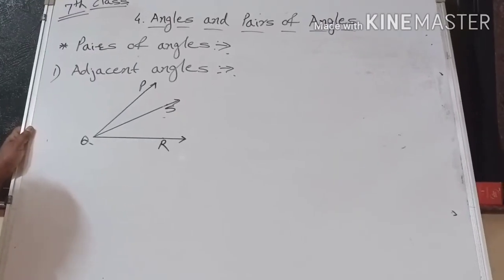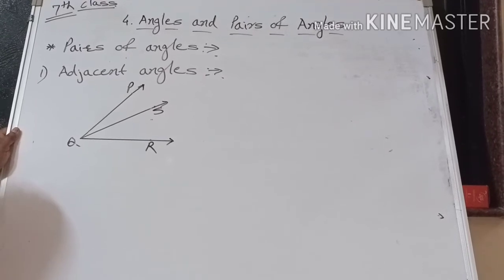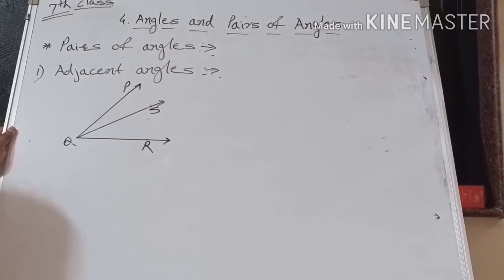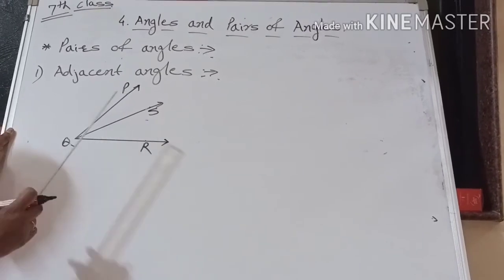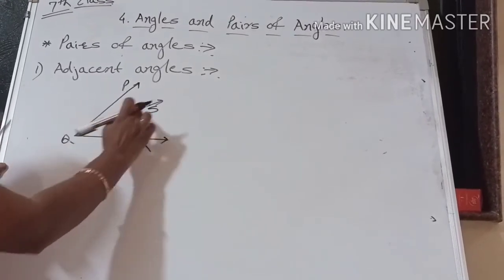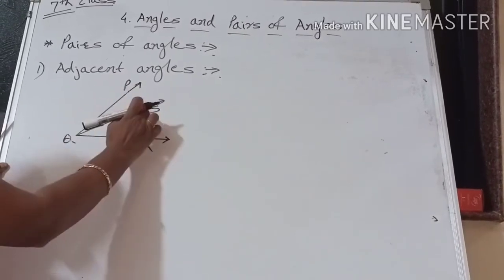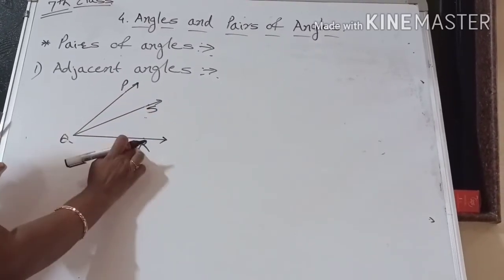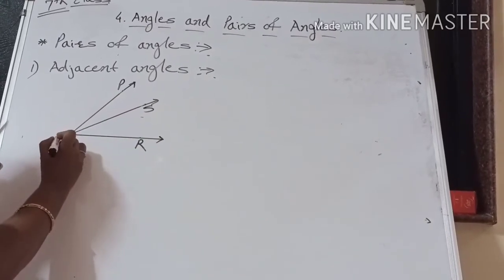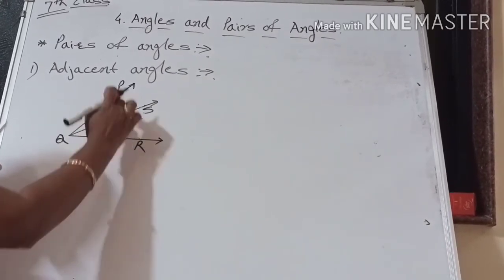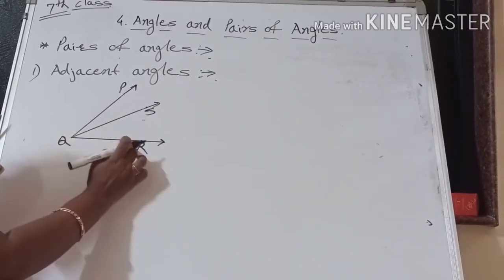We learn next point, pairs of angles. In this point, first pair, we learn adjacent angles. Which angles are said to be adjacent angles? Observe this figure. Angle PQS and angle SQR.